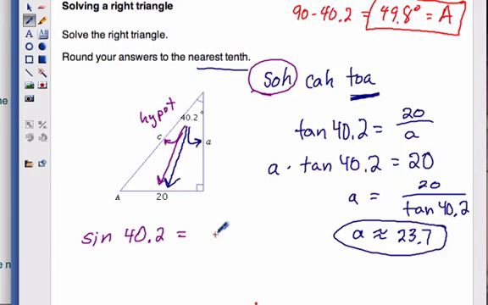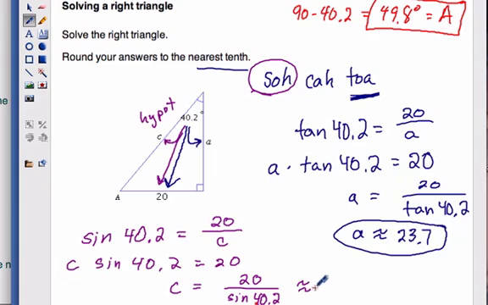We're going to set that equal to the opposite side, which is 20, over the hypotenuse, which is C. All right, so now we're going to go ahead and multiply both sides by C so we can get C out of the denominator here. And then we're going to go ahead and divide both sides by the sine of 40.2. Now when we plug that into our calculator and round to our nearest tenth, we get 31.0. And that's our value for C.